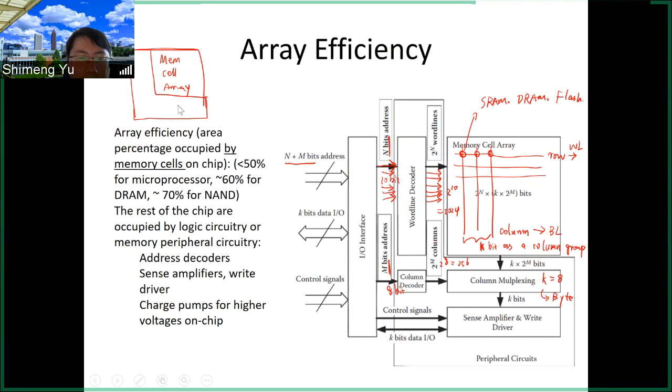Those are called the peripheral circuitry. This is the peripheral. So the array efficiency is defined as this shaded area, which is the memory cell array, divided by the total area.